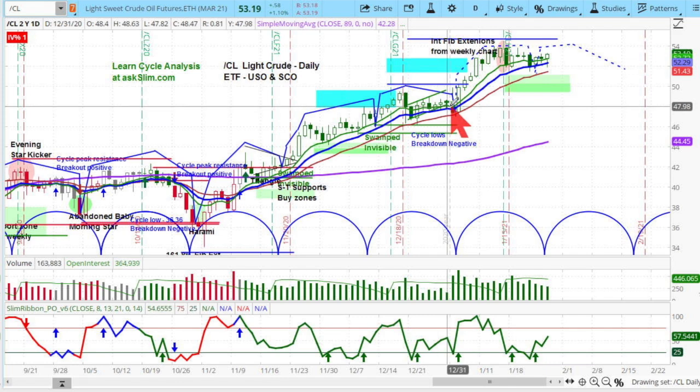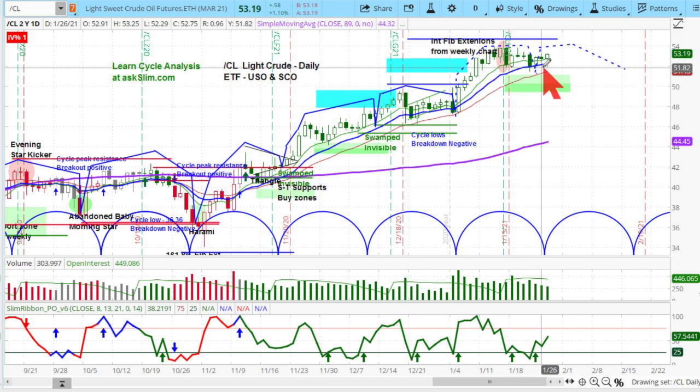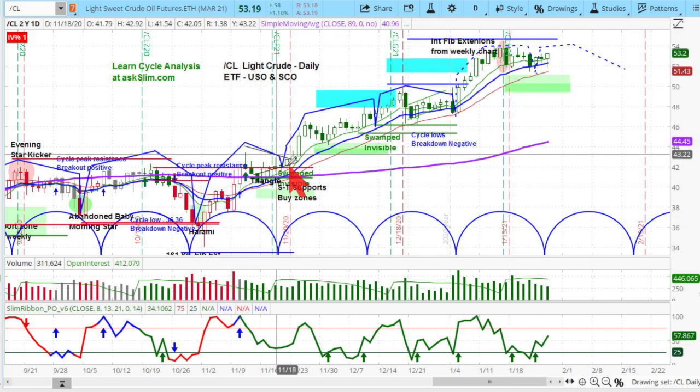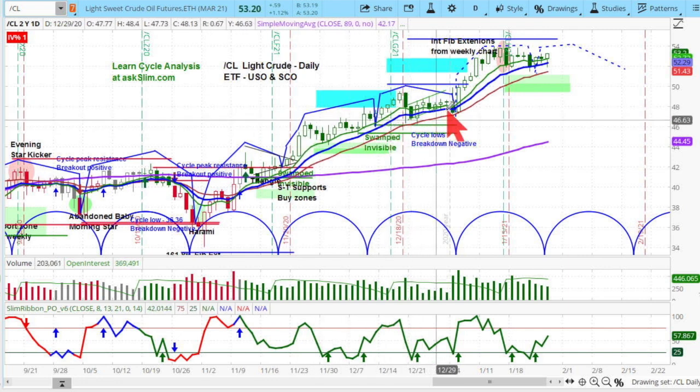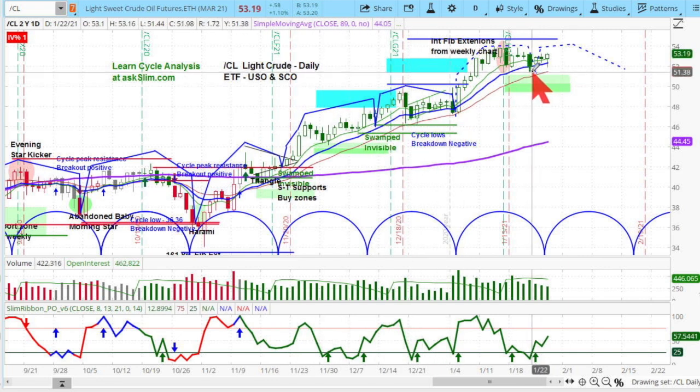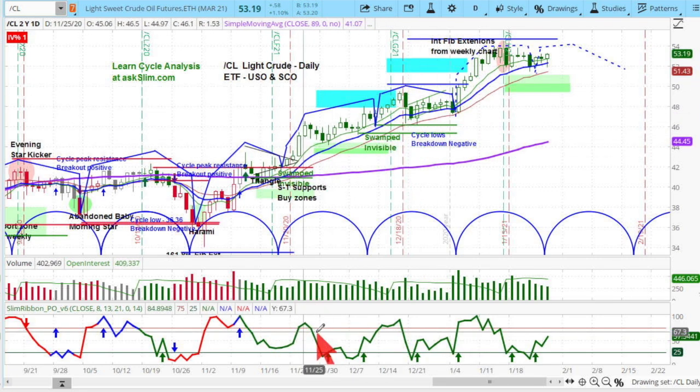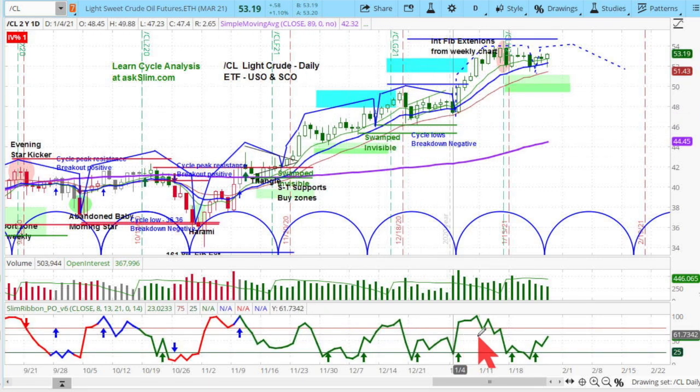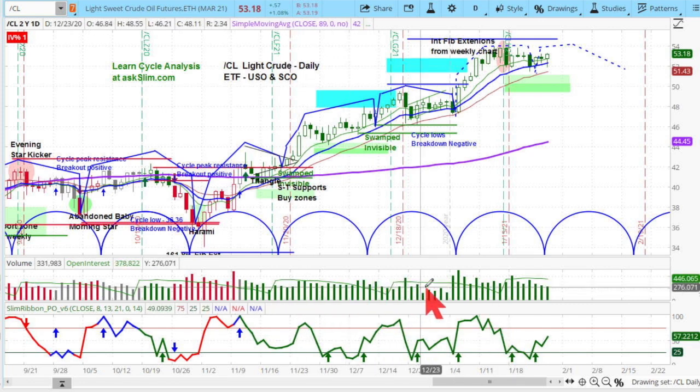The slim ribbon tends to be support, as you can see right over here. And each of these cycles, 1, 2, 3, 4, which just bottom right in here, is what we call positively configured. In other words, higher highs, higher bottoms, traveling up that slim ribbon causes this to be green, as you can see right in here. All of that green volume bars right in here all tell you momentum conditions are strong. That inertia is expected to keep the price going up until something acts on it.